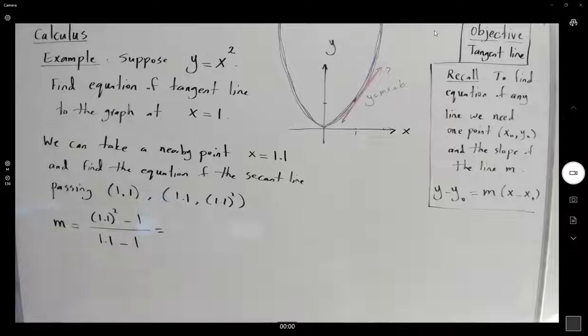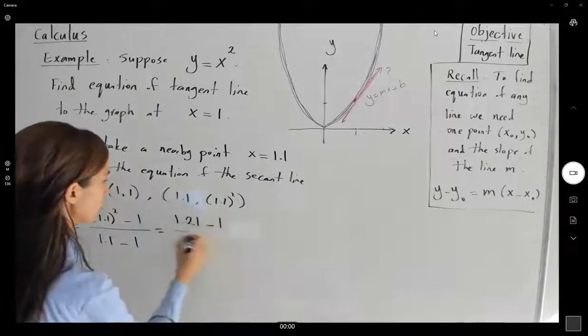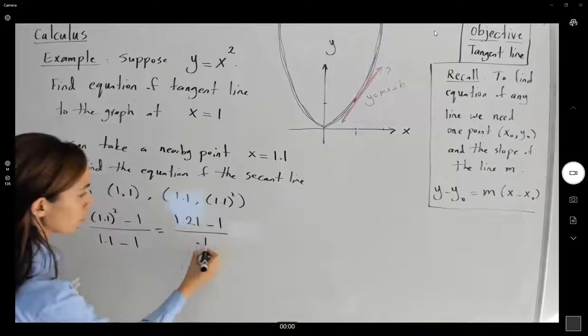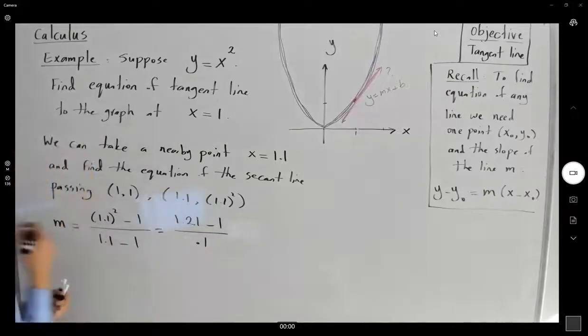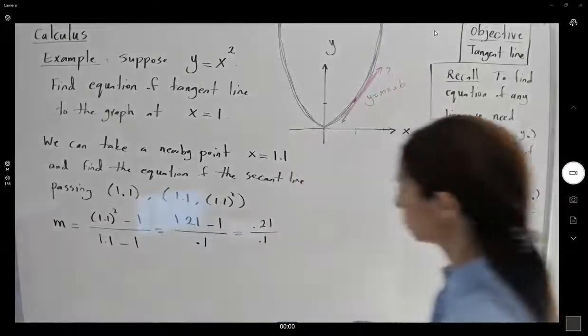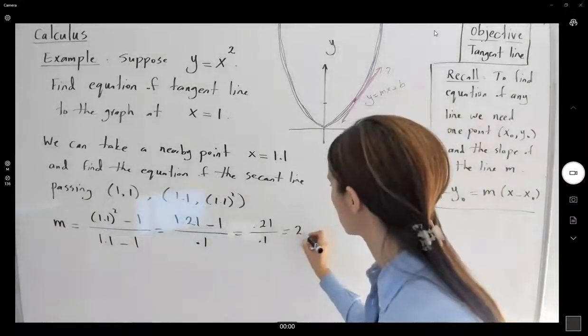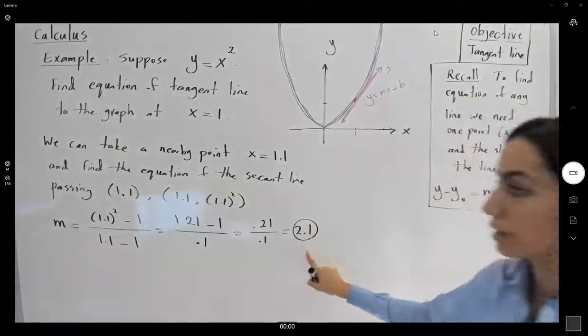Let us calculate that. 1.21 minus 1 divided by, here you have 0.1. So we get 0.21 divided by 0.1. We get 2.1. This is the slope of the secant line.